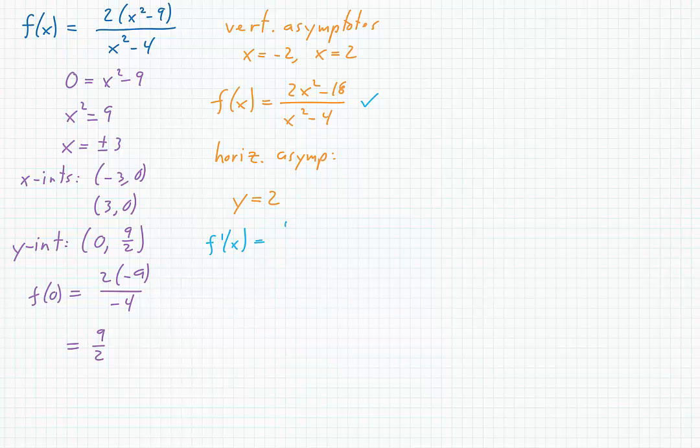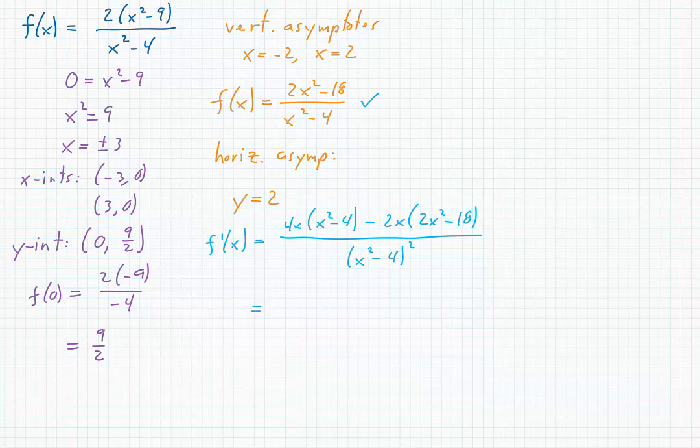So the derivative of the top is 4x. We multiply by the bottom, which is x squared minus 4, minus the derivative of the bottom, which is 2x. We multiply by the top, which is 2x squared minus 18, and we divide all of that by the bottom squared. So x squared minus 4 squared.